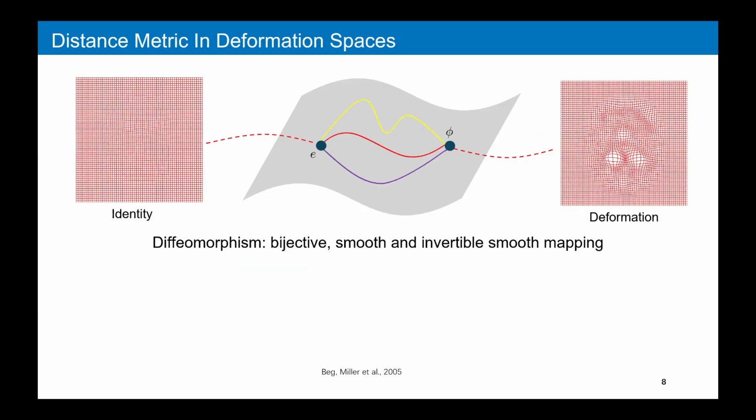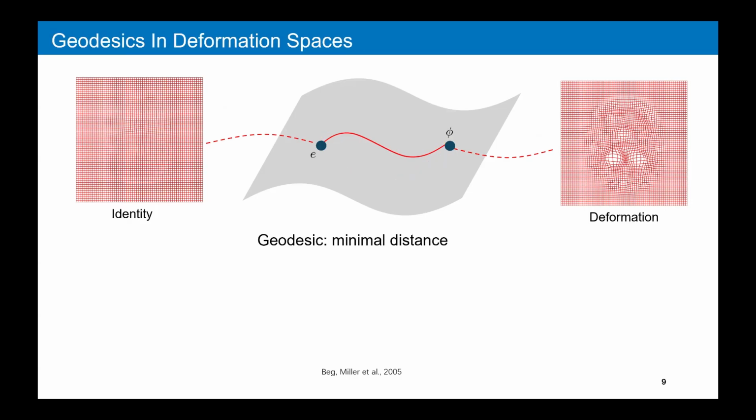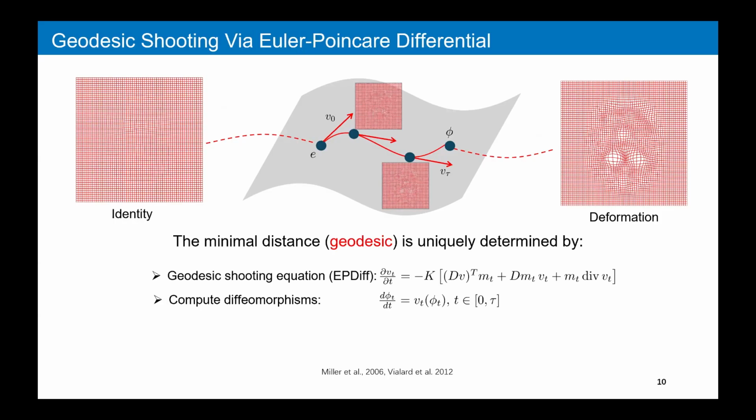Our work is built on LDDMM, which defines a distance metric between two diffeomorphic deformations. Specifically, we are interested in the distance between the identity mapping and the deformed mapping. If we minimize the distance, we get a locally shortest path, which is the geodesic.